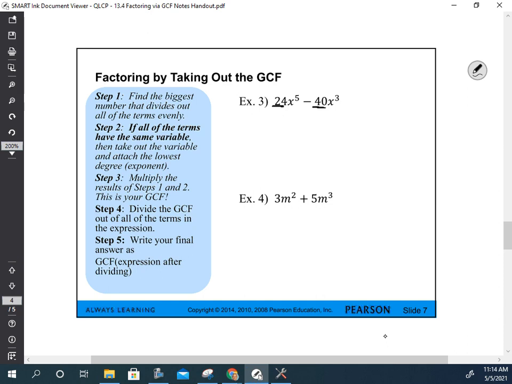So we can take out an 8. Do they have the same variable? Take out the same variable. And the smallest exponent is a 3. So our greatest common factor is 8x to the 3rd.